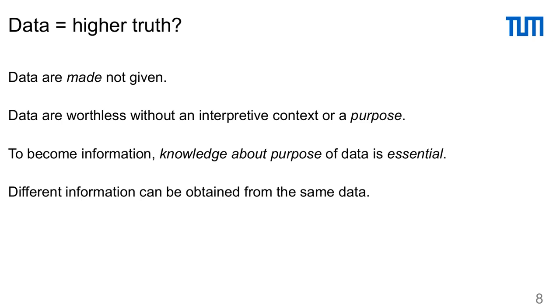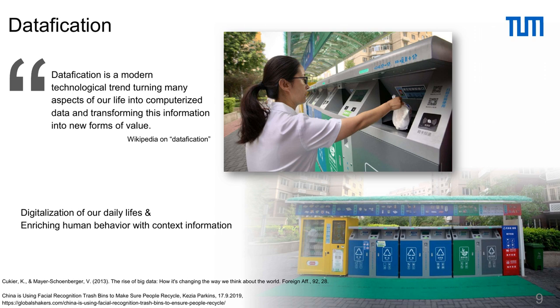And now, what happens today? So we now know that data come out of human decision processes in any way. And what happens now is that we observe a modern technological trend which is called datafication.